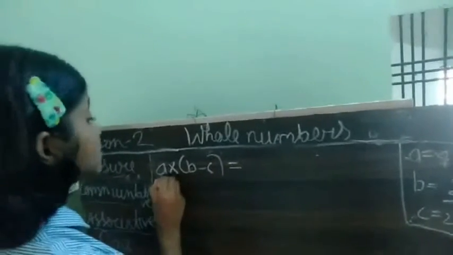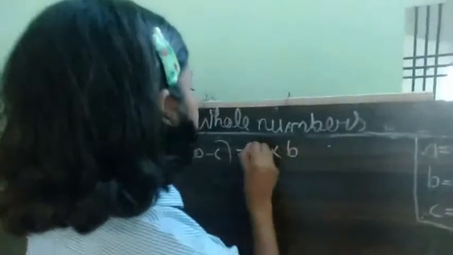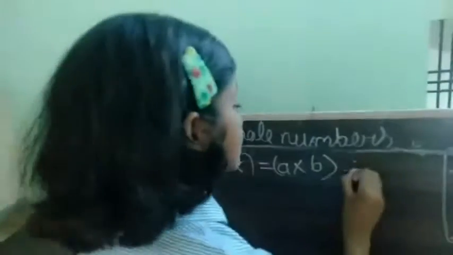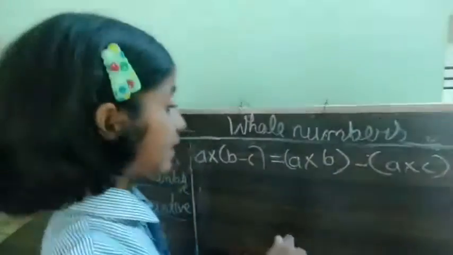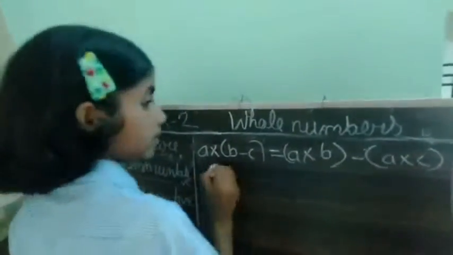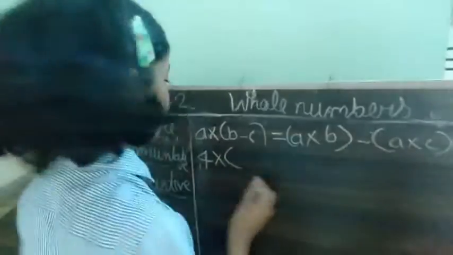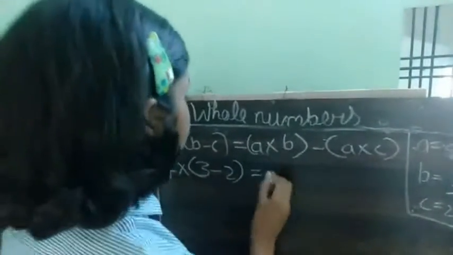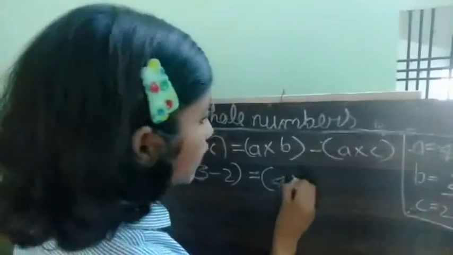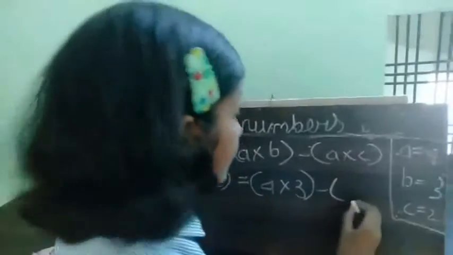Equals first A into B, bracket, minus A into C. By number, the value of A is 4 into bracket 3 minus 2 equals bracket 4 into 3 minus bracket 4 into 2.